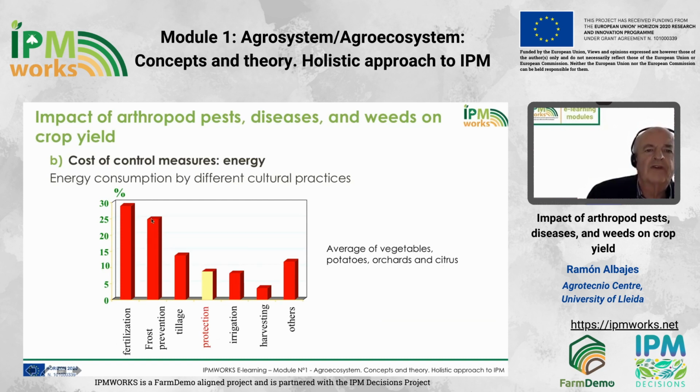About 25% is frost prevention. About 15% is tillage, and a bit less than 10% is protection, pest control. The rest is irrigation, harvesting, and others.